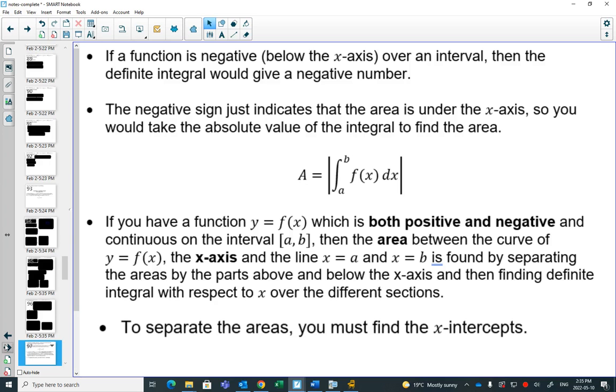You could either take the absolute value of just the section that's below, or you could take the absolute value of the inside of the function, because that would flip it above the x-axis as well. Usually what we do is we find the place where it is equal to 0, where it switches from positive to negative, and split your integral up by those x-intercepts.